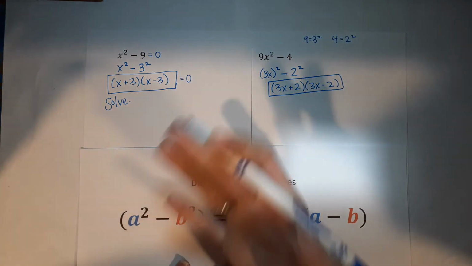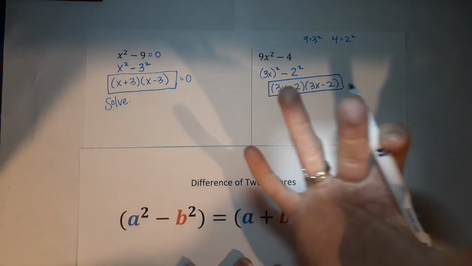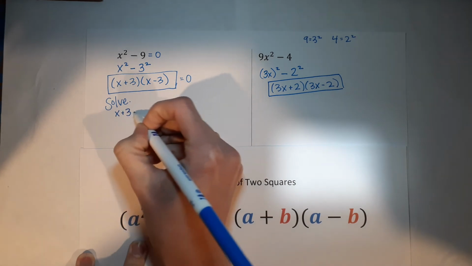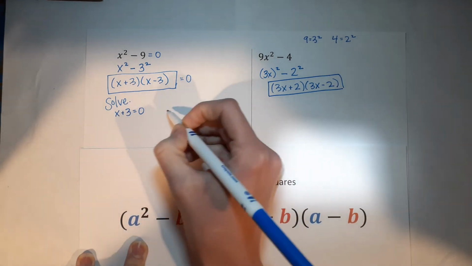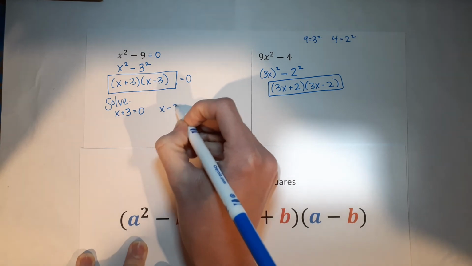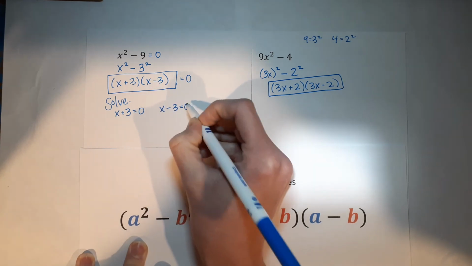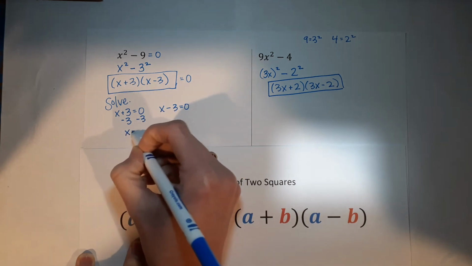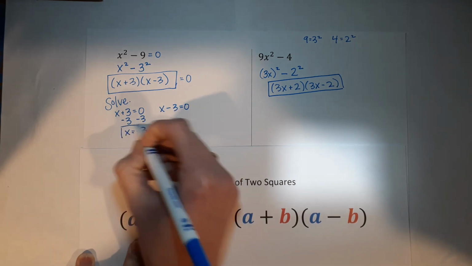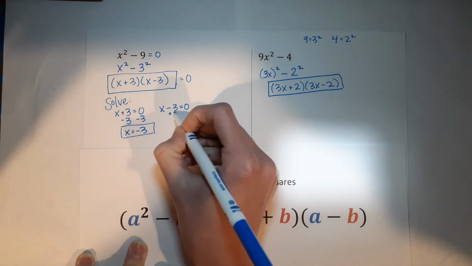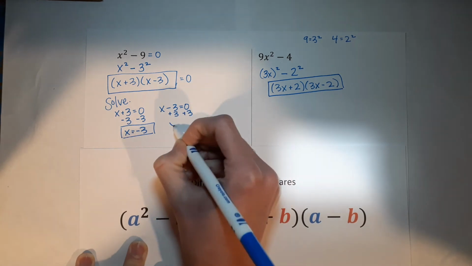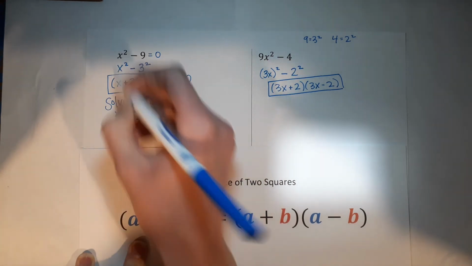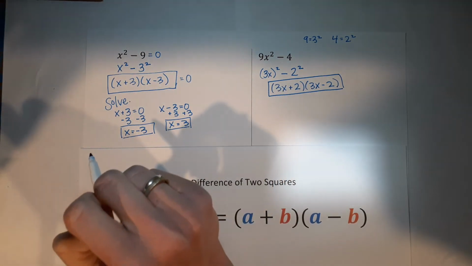If you are asked to solve, that means they want to know what x is. You just set each parenthesis equal to 0. So I've got x plus 3 equals 0, x minus 3 equals 0. I subtract 3 from both sides and get x equals negative 3. Add 3 to both sides, get x equals 3. You can always plug those back in to make sure your answer is 0.